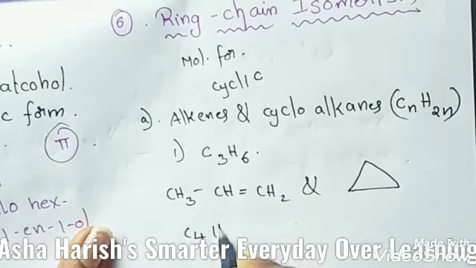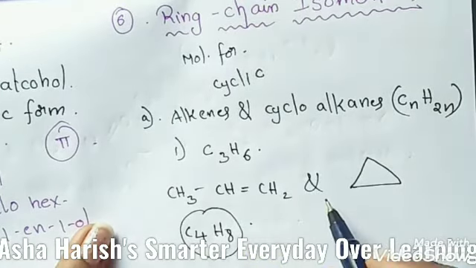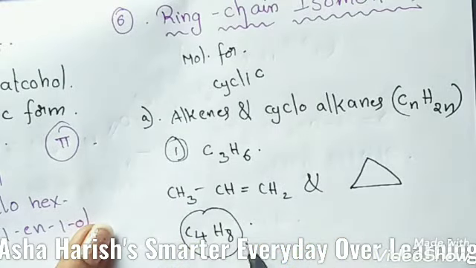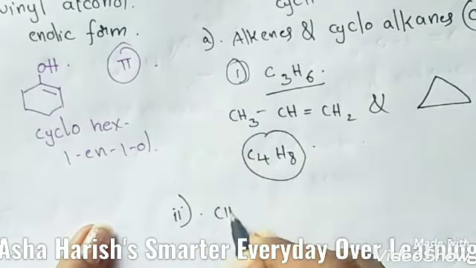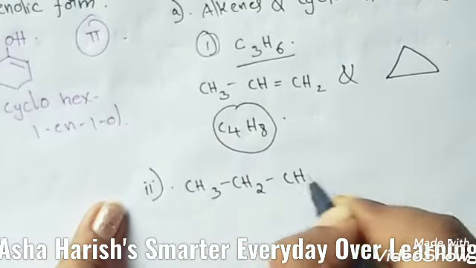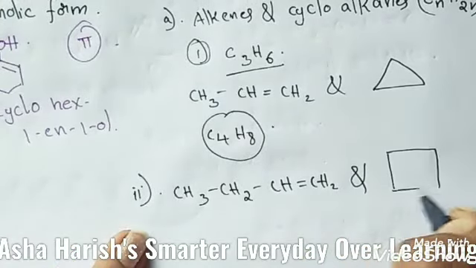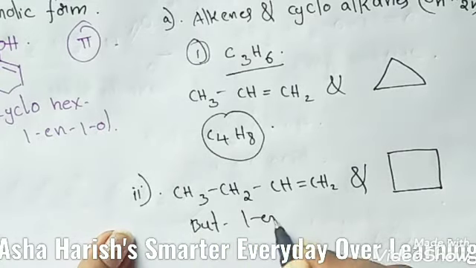Here students, C4H8 represents like this. This is the first type, and now the second type is CH3CH2CH double bond CH2, and the structure should be like this. Cyclobutane, this is also called but-1-ene.